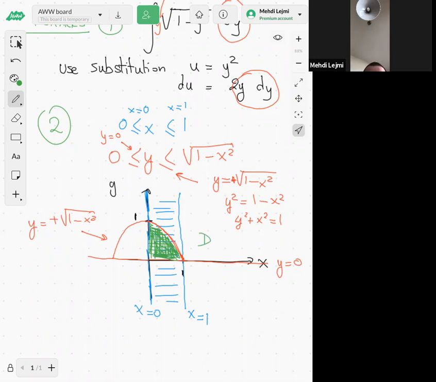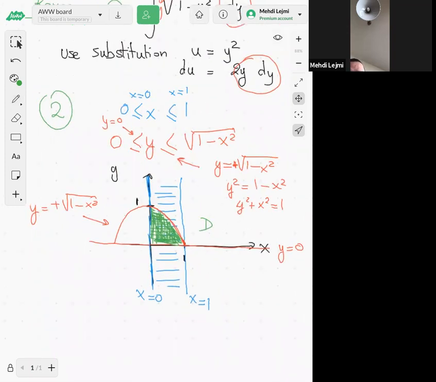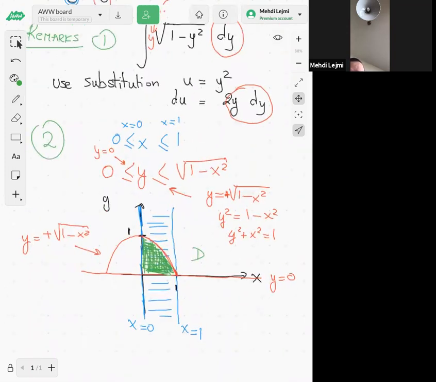All right. Okay. Now I want to change the order of integration, right? So now when you change the order of integration, we're gonna start with y. So here again, we started with x. We said x is between the two constants 0 and 1, and then y is between these two functions, 0 and square root of 1 minus x squared, right?